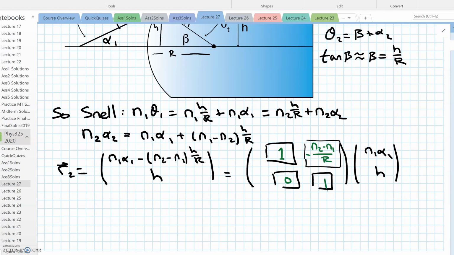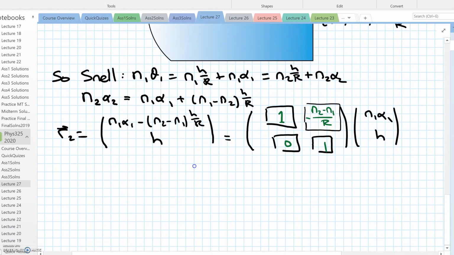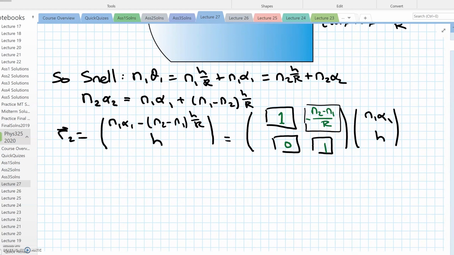Excellent. We can go a bit further, actually. We might have recalled from our earlier analysis of lenses that we had this number, the focal length, and we called it n minus 1 over r. We didn't write it this way, but we can generalize this. This is for air to glass.